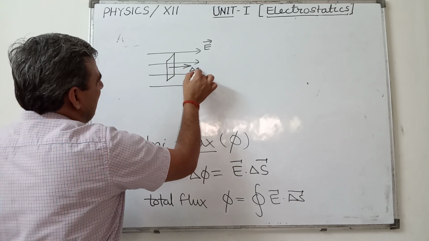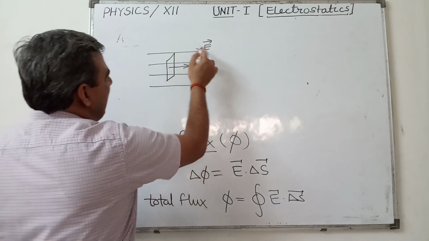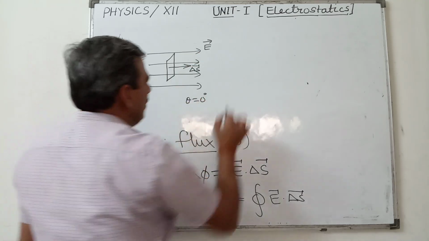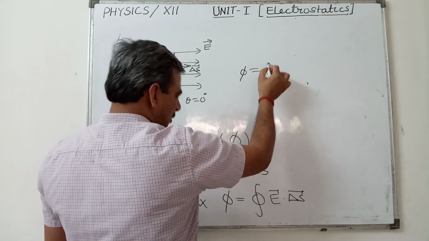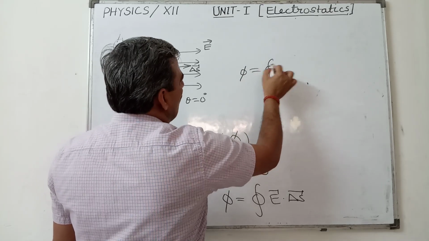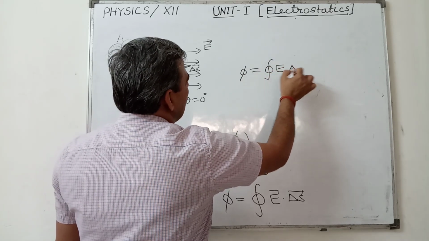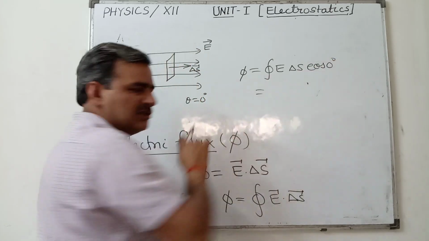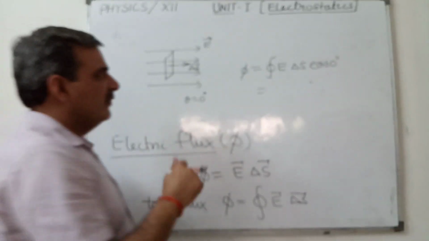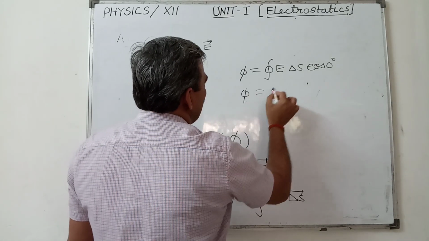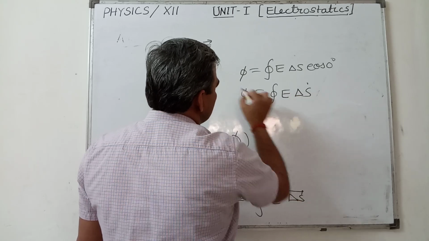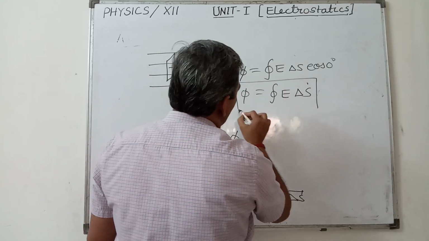This is delta s. So the angle between E and delta s is 0. So you have flux phi equals integral E delta s cos 0. What is the value of cos 0? Cos 0 is 1. So you have phi as integral E delta s, the formula for the total flux.